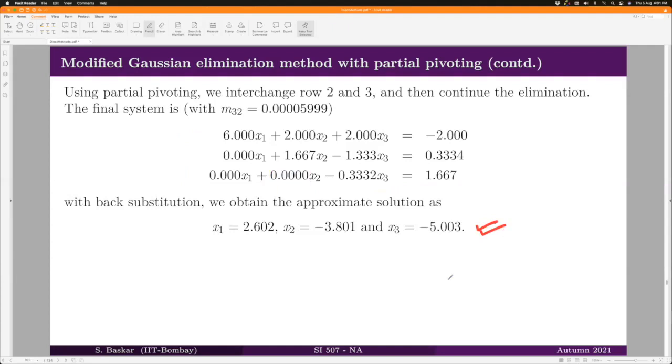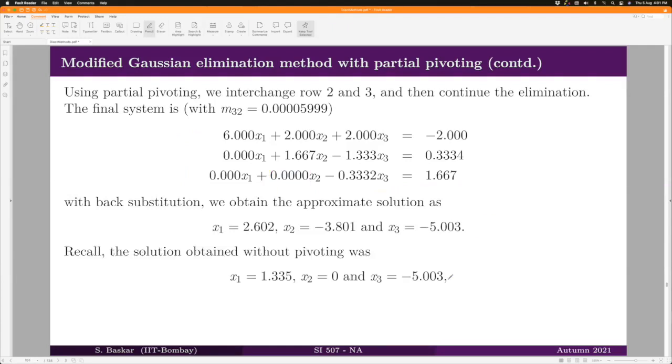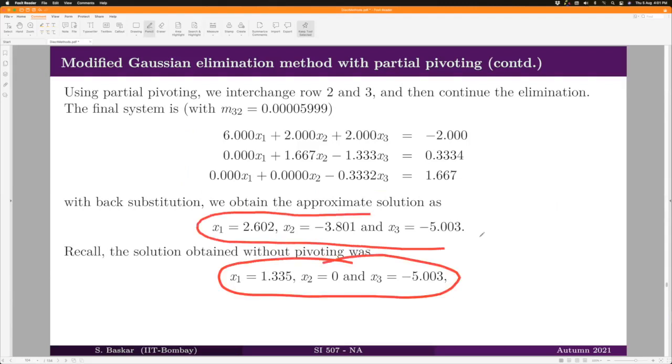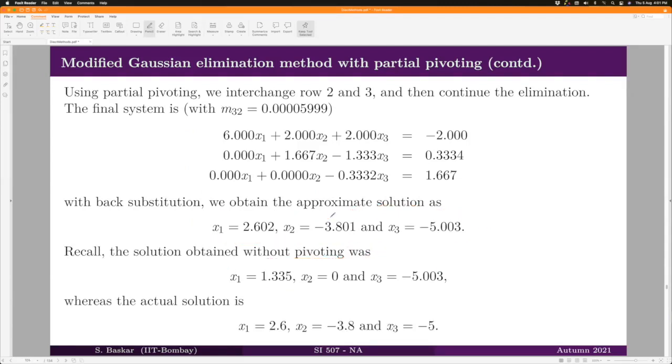And recall that the naive Gaussian elimination method gave us this solution, whereas the modified Gaussian elimination method gave us this solution. Now let us see what the exact solution is. The exact solution is given like this. You can clearly see that the modified Gaussian elimination method gave a better approximation than the naive Gaussian elimination, right?